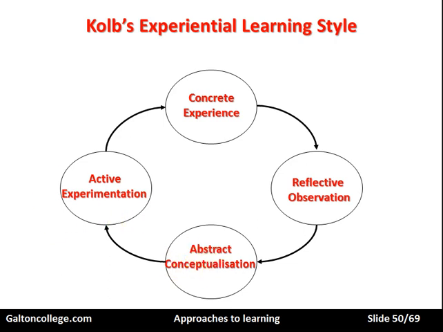So it's a learning cycle. It's a cycle of making observations, of getting experiences, of thinking about the experiences, reflecting on the experiences, then conceptualizing, thinking about the relationships that we saw and why the relationships exist and how they are connected, and then experimenting to see if what we understand to be the situation is in fact true.